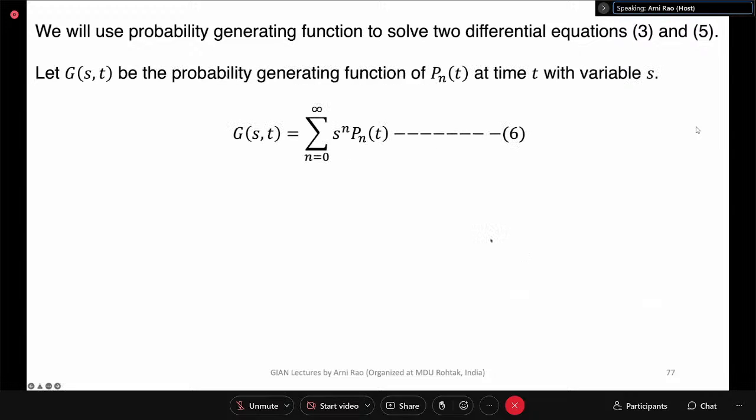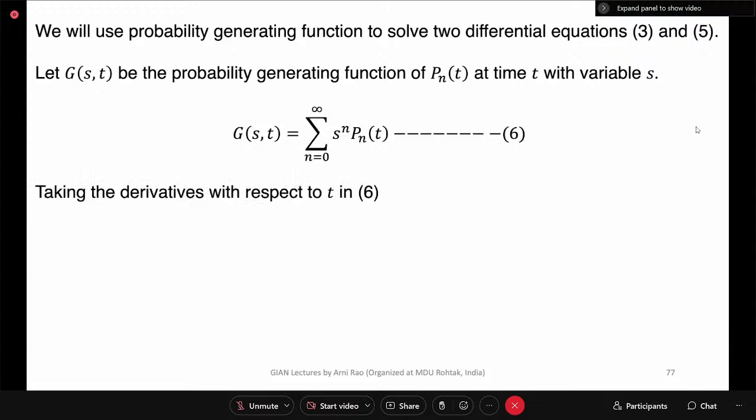Recollect that yesterday in lecture, G(s,t) is defined as the generating function, which is the summation n equal to 0 to infinity of s^n p_n(t). Yesterday we used the notation a_n. Using the Taylor expansion, we now take the derivative.